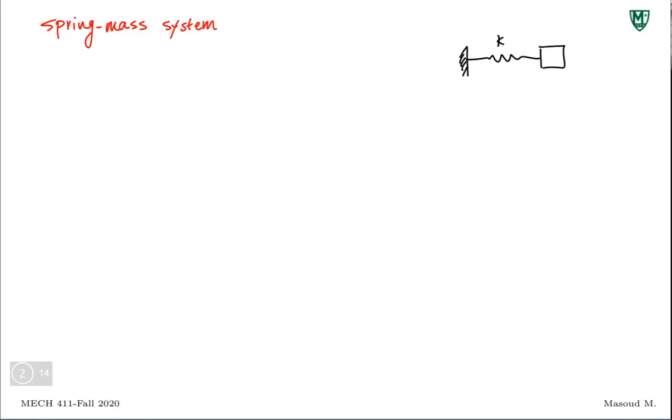It's a linear spring, and the stiffness is K. And this is a mass with mass M. I use two small wheels here showing that there is no friction between the mass and the surface. That's the role of these wheels. You might see it without wheels and they tell you there is no friction. It's pretty much the same thing.